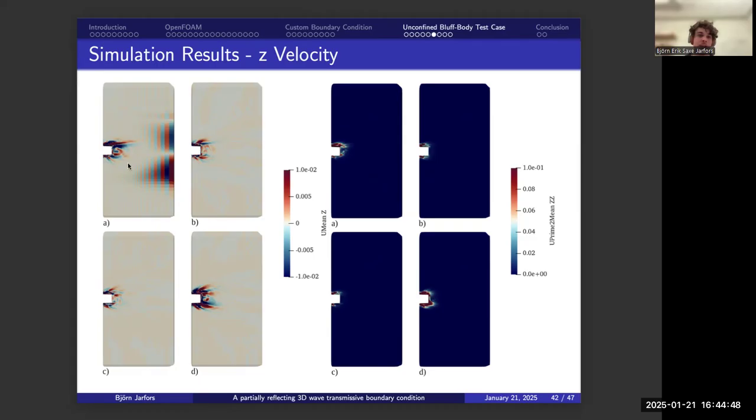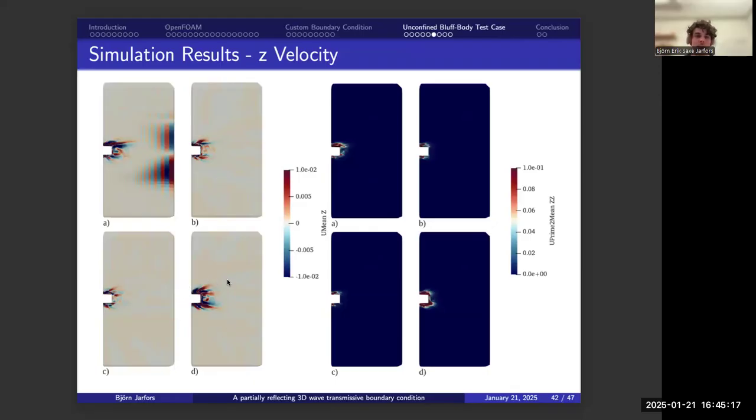But here we can see that these reflections couple with the vortex dynamics and actually result in higher reflections here. Furthermore, the LODI 3D is actually very similar to the wave transmissive. You can slightly see some difference. It's difficult to really assess through these mean fields here.